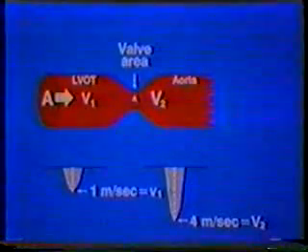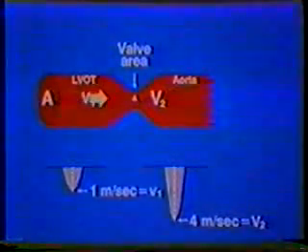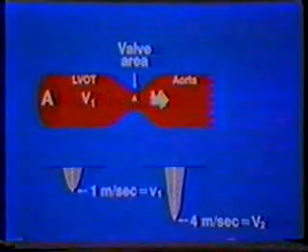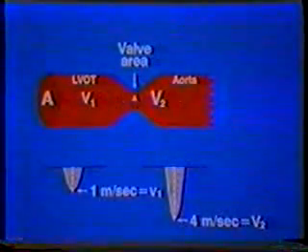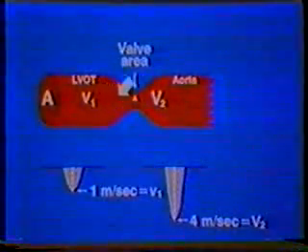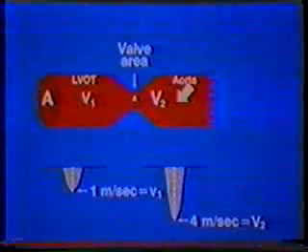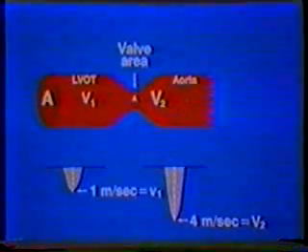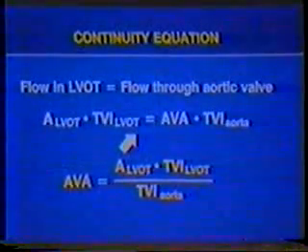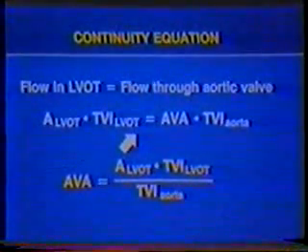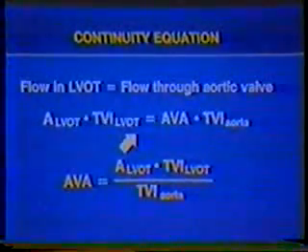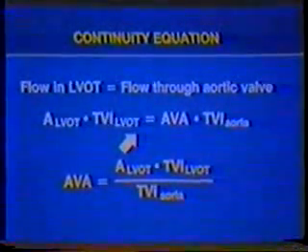The stroke volume will cross both the left ventricular outflow tract and the stenotic aortic valve during the ejection period. Therefore, flow in the left ventricular outflow tract must be equal to flow across the aortic valve. This mathematical expression, which equates flow in the left ventricular outflow tract with flow across the aortic valve, is referred to as the continuity equation.